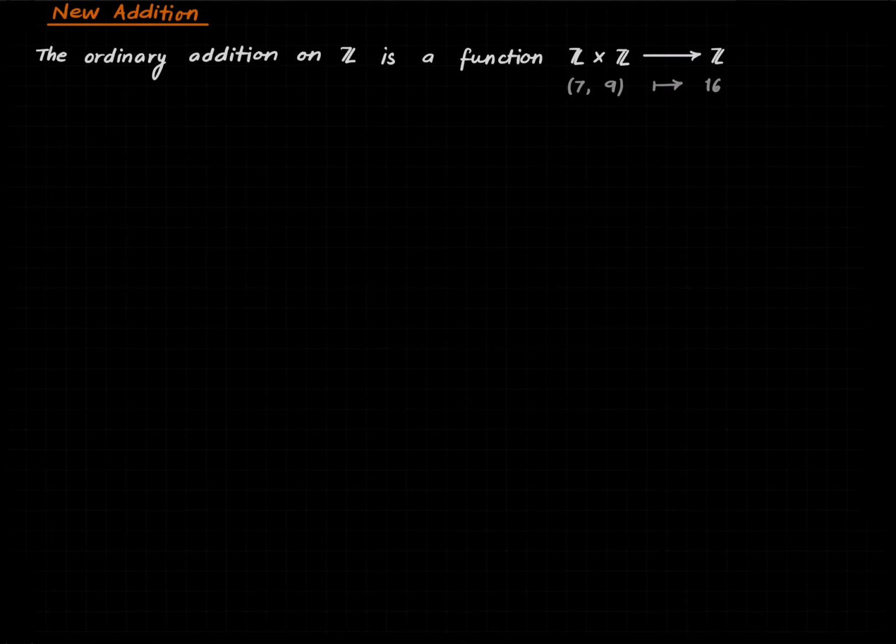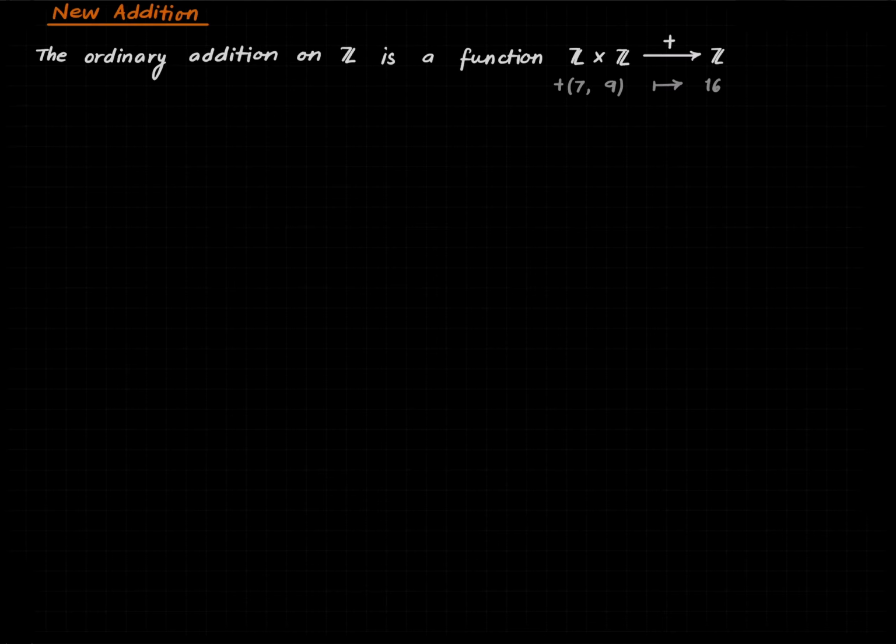And we may denote this by the same symbol we used to add. So here we would write plus of (7, 9). So plus is your function which consumes a pair of integers and outputs an integer, which is what we call the sum of the entries of the input.